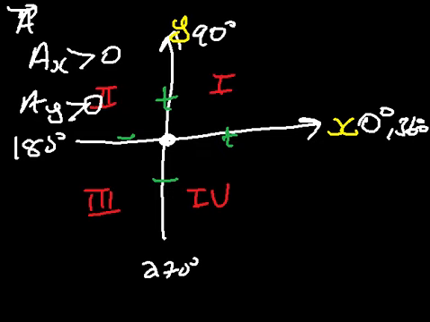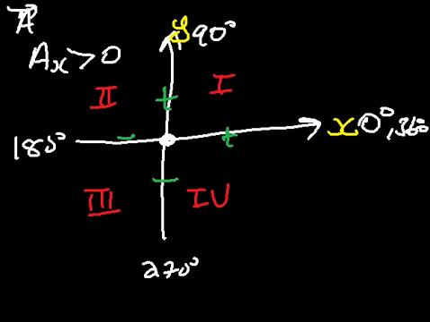So in that case, vector A is located within the first quadrant, where the possible directions range from 0 degrees to 90 degrees. Since all the components are positive, because the y component is also greater than 0, which means it is positive.